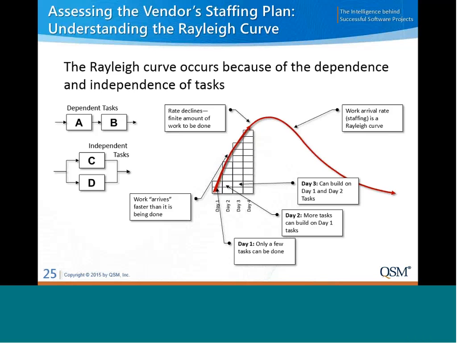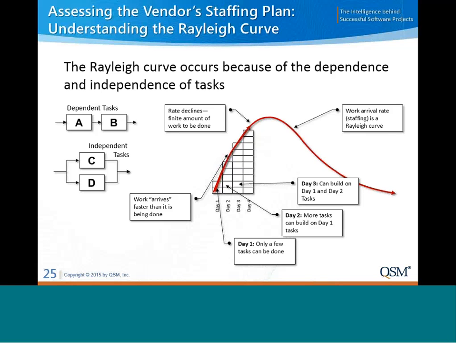But when you look at an entire project, in most cases, it's not possible for a team of 50 or 100 people to be productive from day one. Typically, you have a smaller number of people who complete a few key tasks, and then you can gradually get everyone productive on tasks. So the Rayleigh curve more accurately represents how this actually plays out.